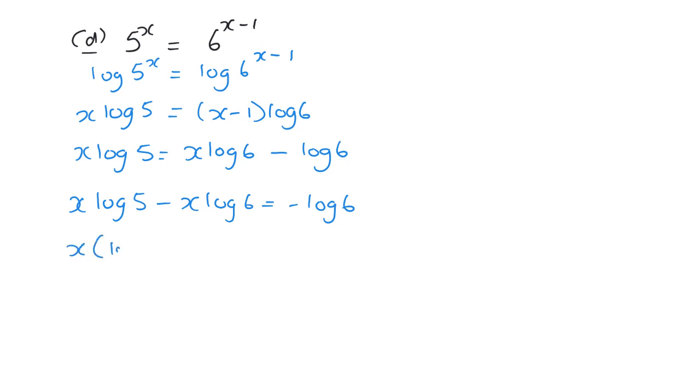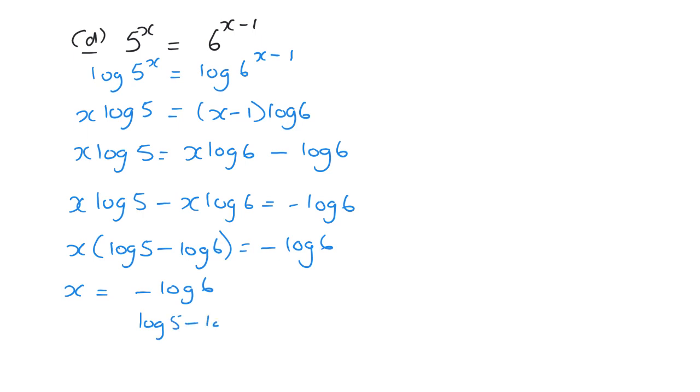So x upon (log 5 minus log 6) equals minus log 6. So then I'm going to divide minus log 6 by that bracket, log 5 minus log 6. And when I do that, I get 9.83, three significant figures.